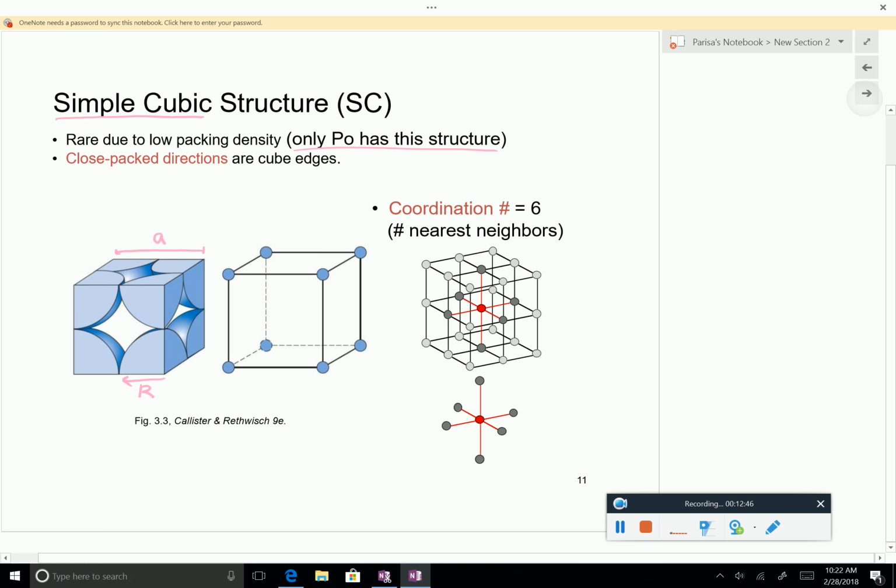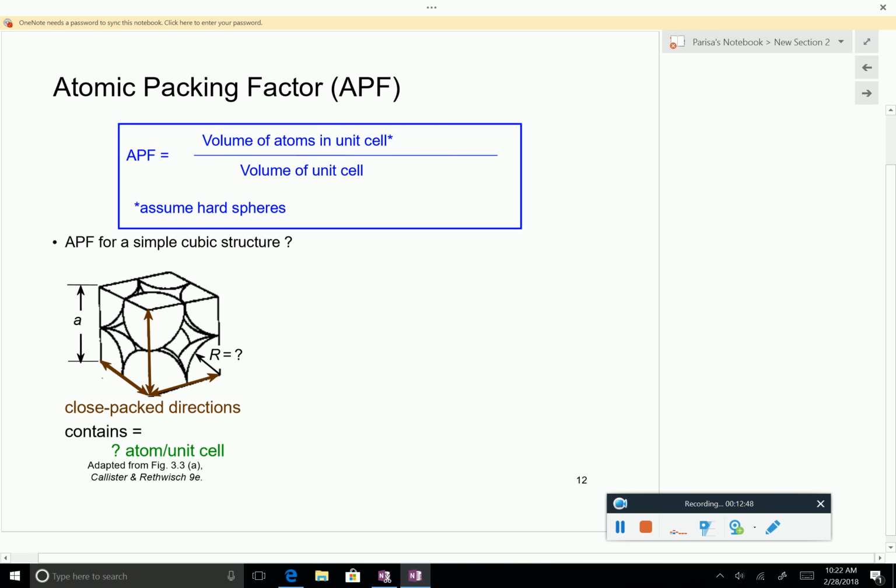So here, when I'm asking how many atoms per unit cell, I guess this whole class can confidently say 1. And the relationship between R and a, so R is a over 2.